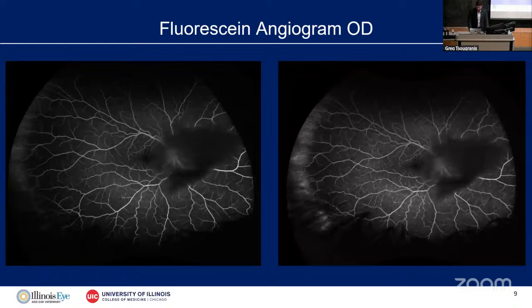I've also included the fluorescein angiogram here of the right eye. Unfortunately, we don't have time frames, but basically the image on the left is an earlier time frame. Would any of the residents be willing to read what they see here?